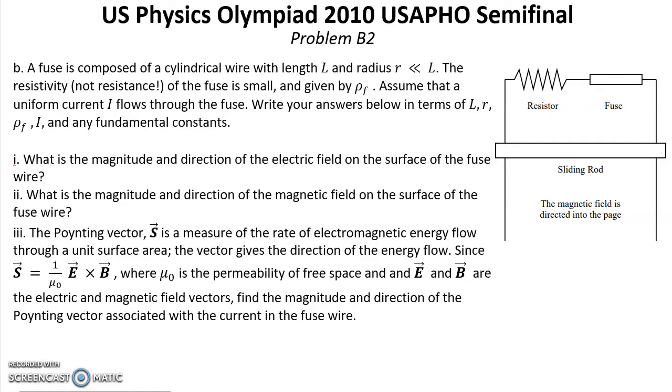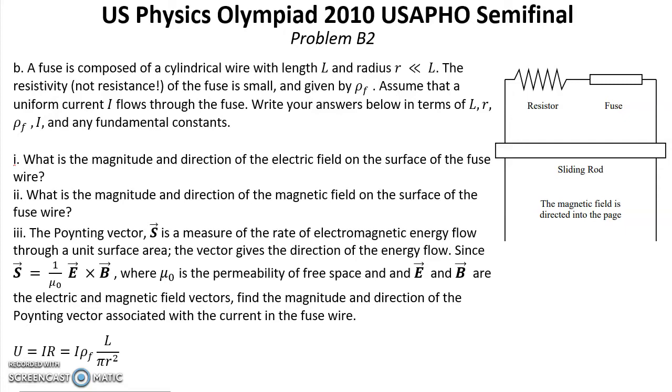Solution. Suppose that our fuse is going inside of this page and the current is going inside of this page. It means that the electric field must go inside of this page. And we can write the equation for Ohm's law for this fuse.